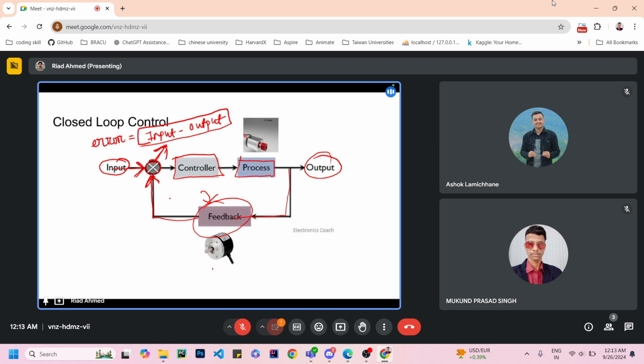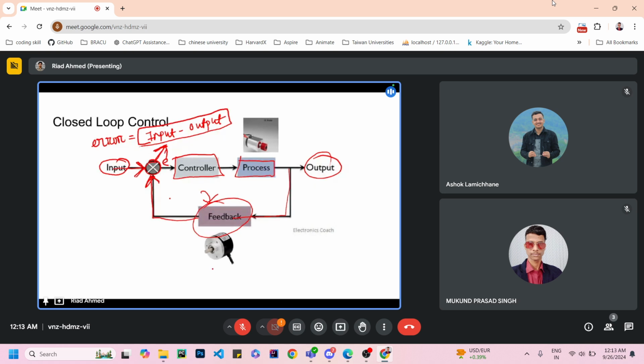So this error will get inputted to the controller, and the controller will then try to find a way so that the error will get to zero. Is it clear? If the error is zero, what does it mean?